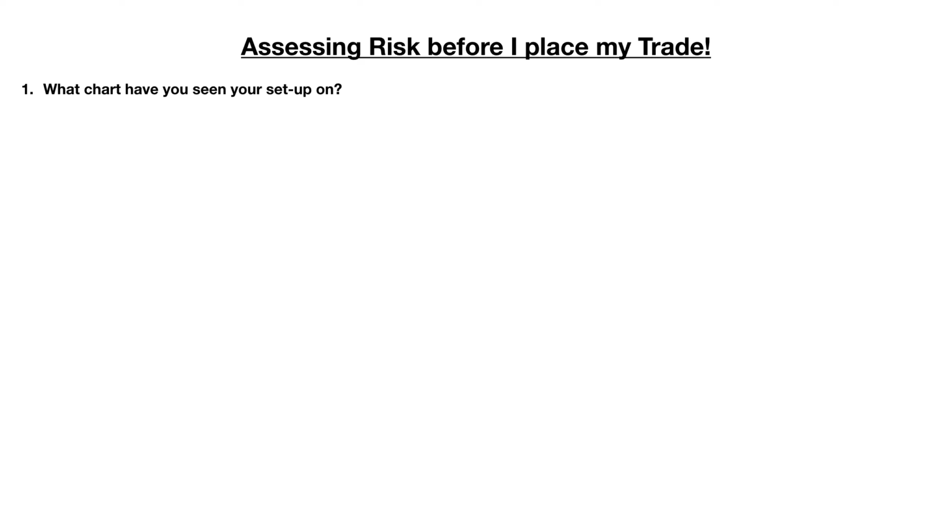Because generally for me anyway, it's about getting excited. I keep telling you, for me, it's not about being in the trade. To me, it's about placing the trade that counts. So generally, I've got to be excited about a setup. So what chart is it, first of all?